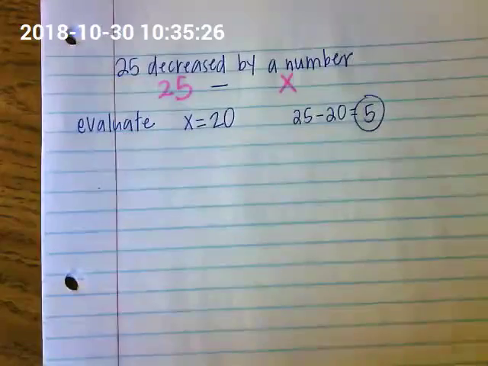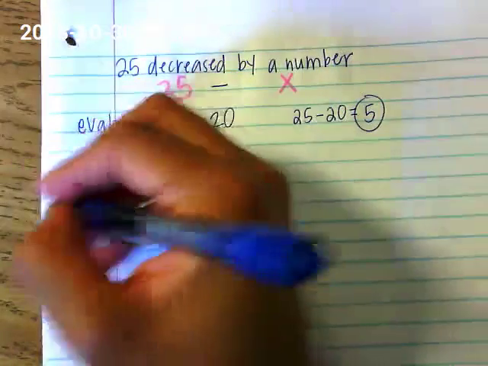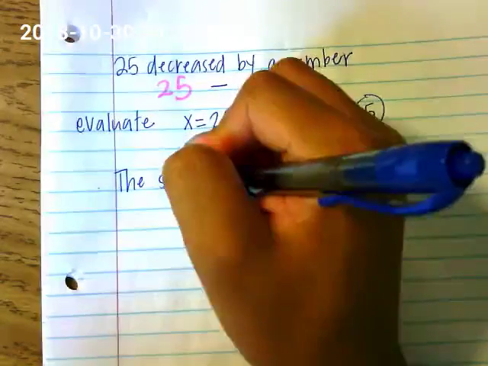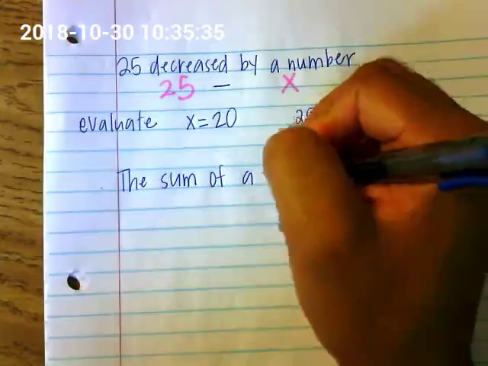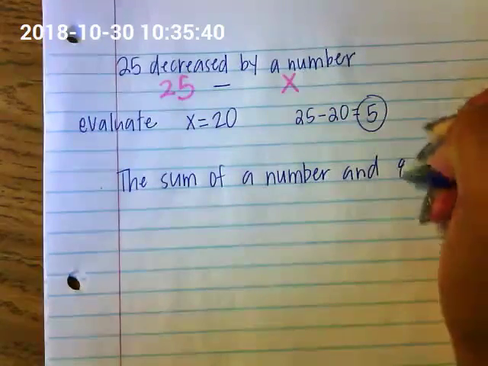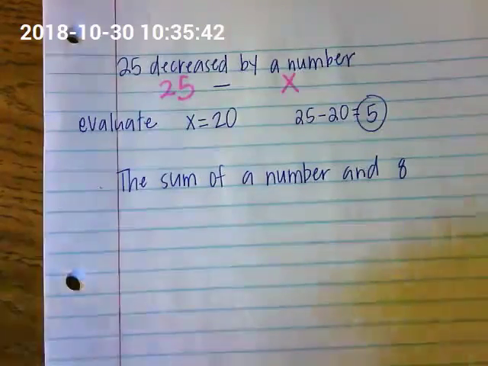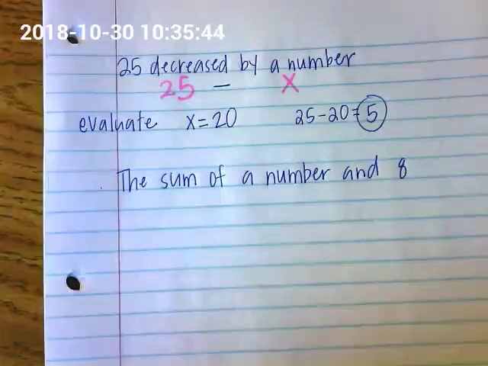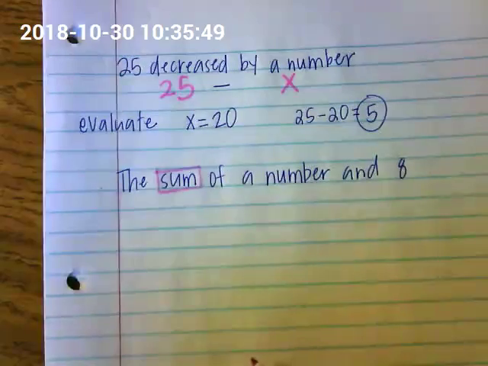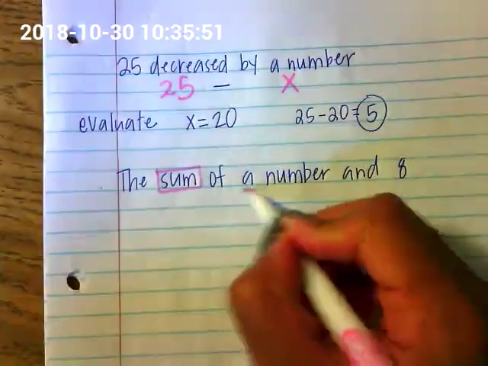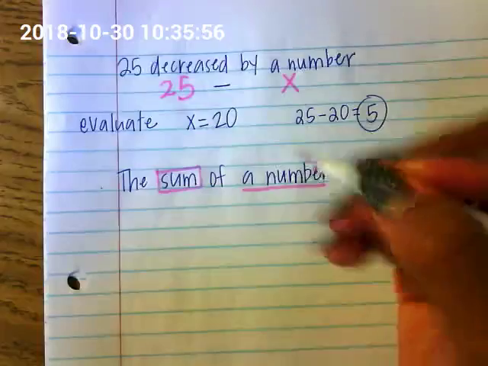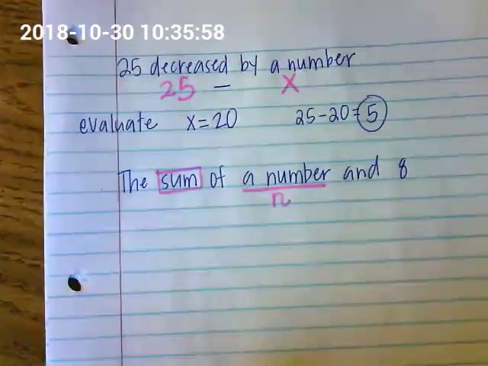Let's do another example. The sum of a number and 8. So tell me my keywords here. So the sum of a number, what number do we want it to be? So we can use any variable. Let's use n.